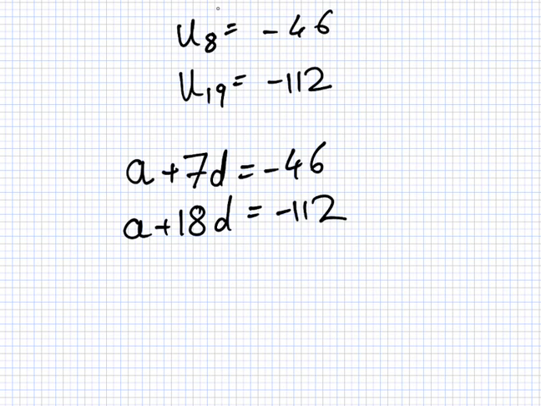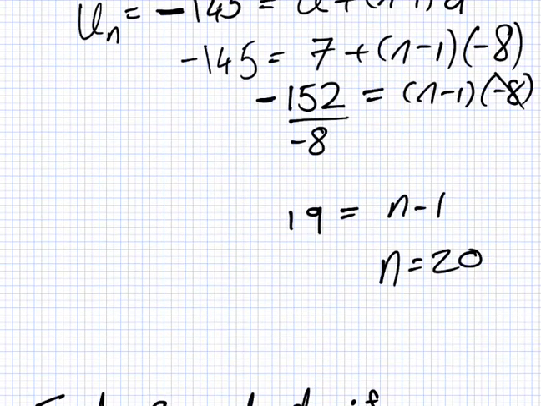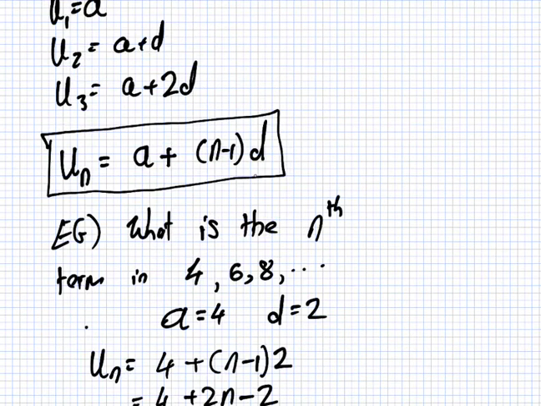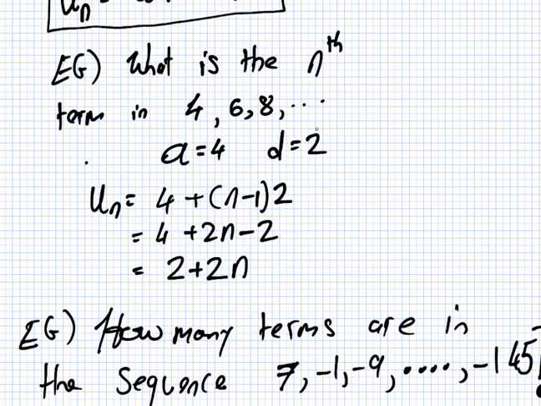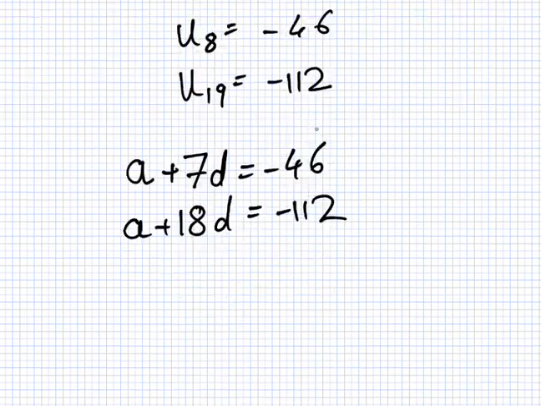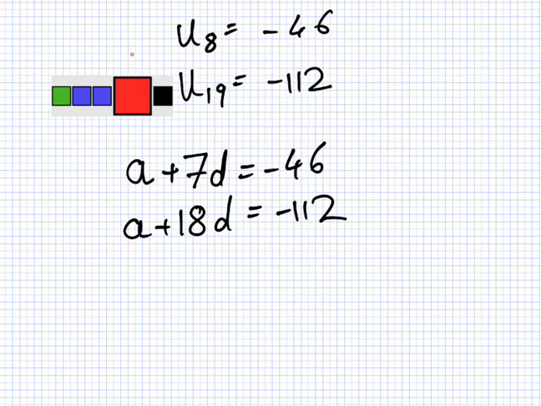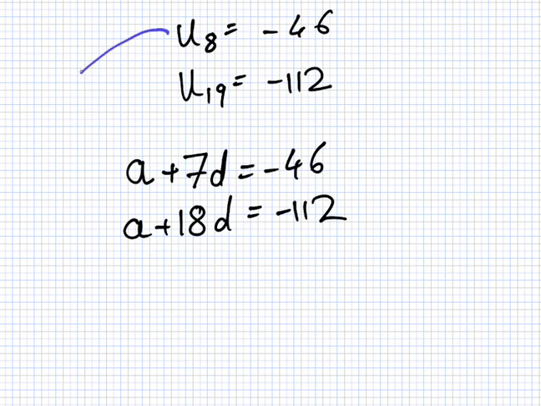Because the 8th, using the formula here, I just changed here, this is here, and this one is here. 19 is A plus 18. Correct. N minus 1. Yeah? N minus 1 is in the formula.